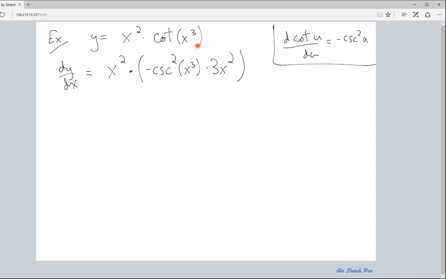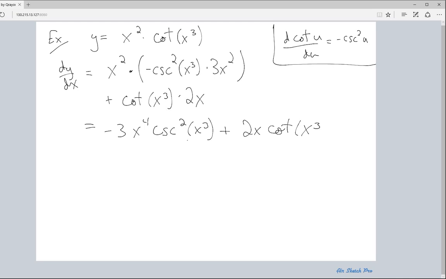Then we do the second, cotangent of x cubed times the derivative of the first, which is 2x. And we could simplify a bit. We have a minus 3. We have x squared times x squared, so x to the fourth, cosecant squared of x cubed, plus 2x times cotangent of x cubed.